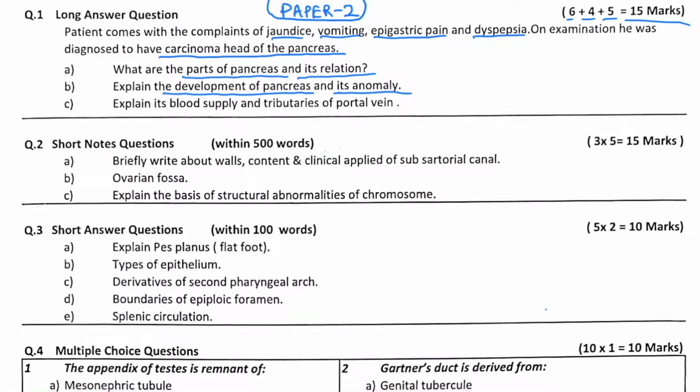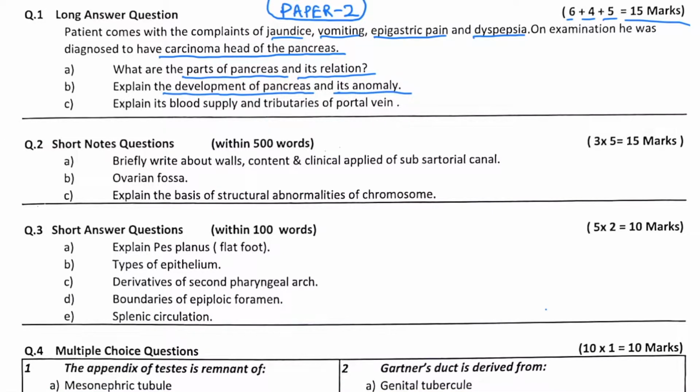That's why pancreatic tissue comes to surround this second part of the duodenum from all the sides, and that leads to the obstructive symptoms like jaundice, portal hypertension, dyspepsia, epigastric pain, all type of complaints mentioned above. Similar is going to happen in case of carcinoma head of pancreas.